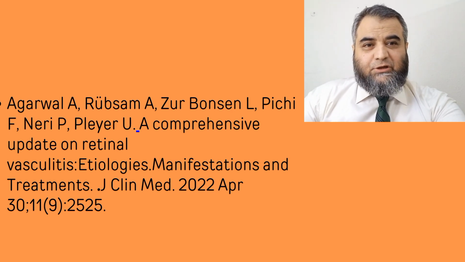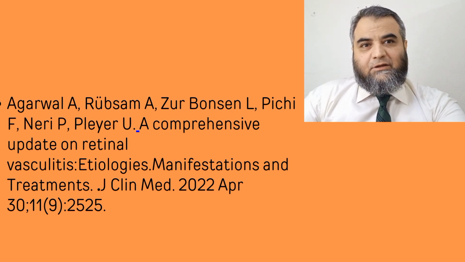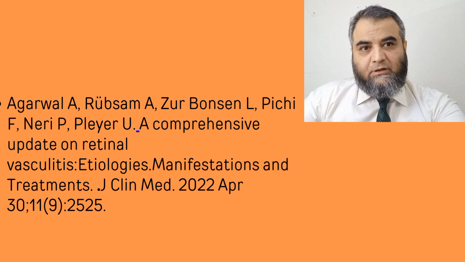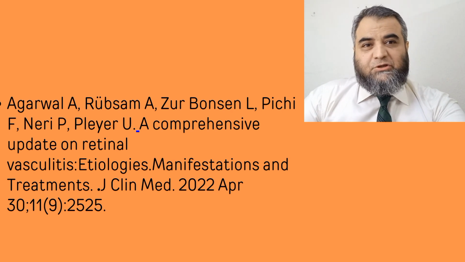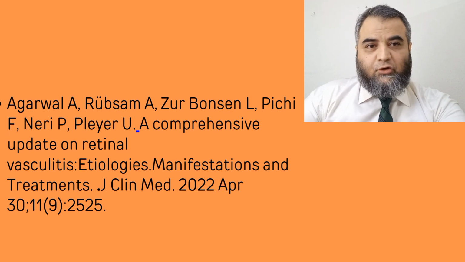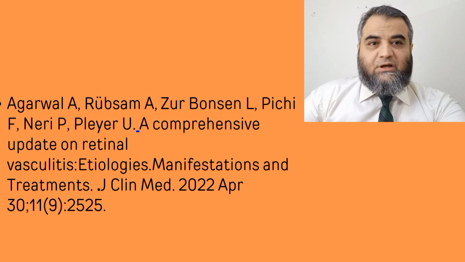But as this patient belonged to the Indian subcontinent, which is a high endemic area for tuberculosis, he was also managed on the lines of intraocular tuberculosis. So we started him on a prophylactic dose of anti-tuberculous medication.